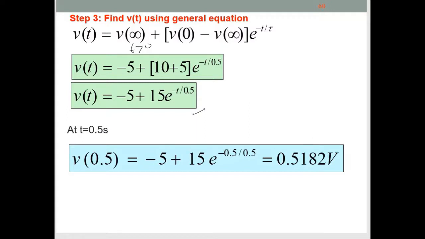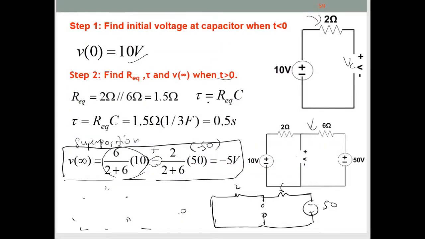Oh, before that, maybe I forgot to explain this tau. Tau is equal to R equivalent times C, where R here is 2 parallel with 6. We cannot consider the 2 in series with the 6 because there are two voltage sources and the current flowing through 2 ohm is different from the current flowing through 6 ohm.